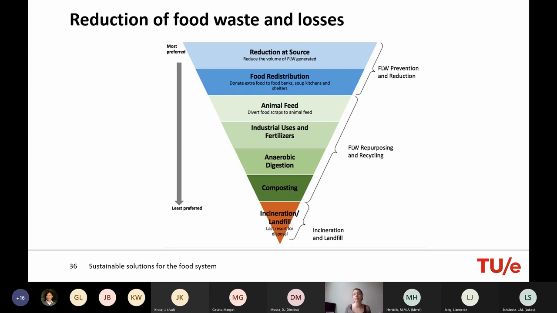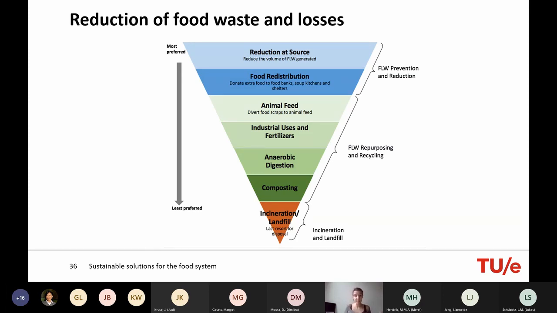Then we can also try to redistribute these things instead. So before they're wasted, we can use them at food banks, soup kitchens and shelters. There are concepts like Too Good To Go, where people use an app to save food before it's thrown out.